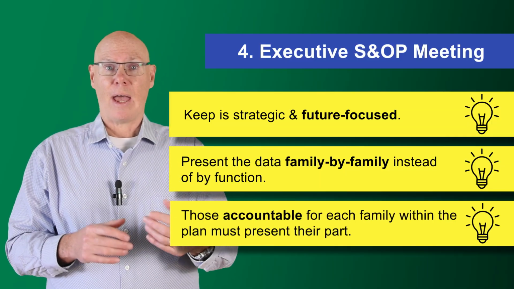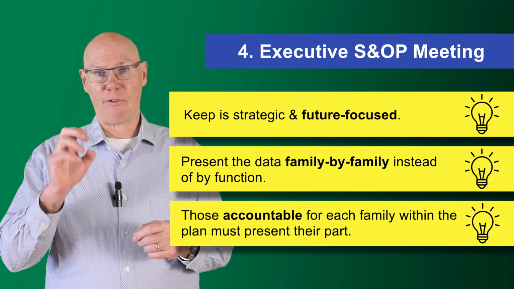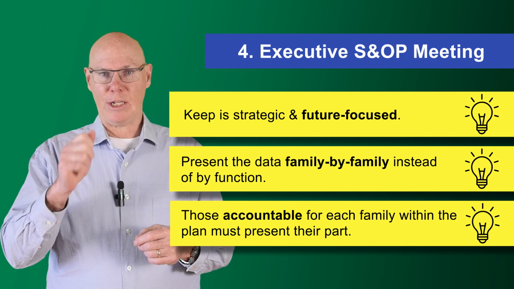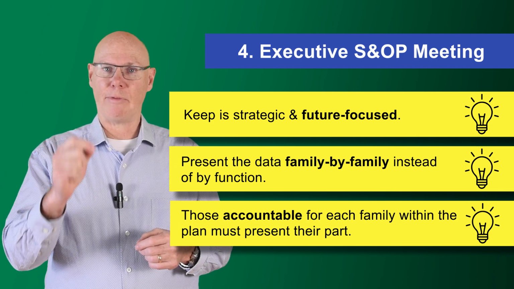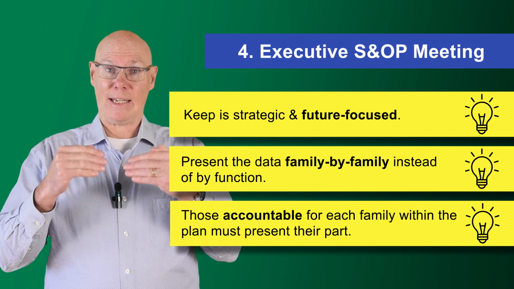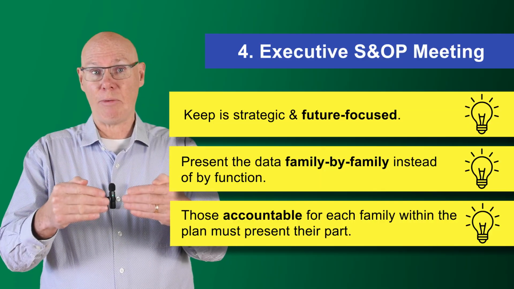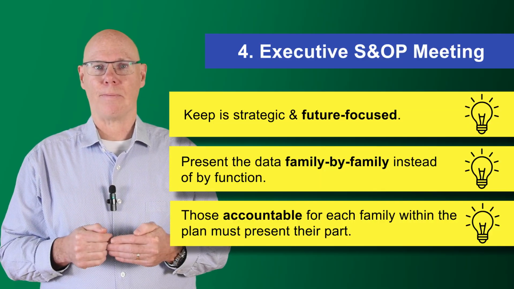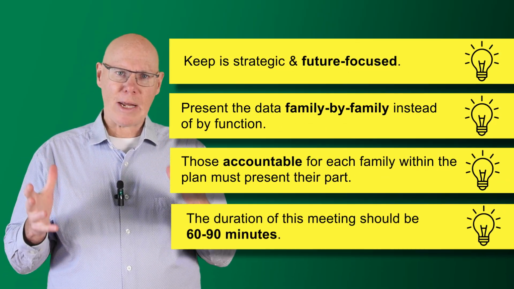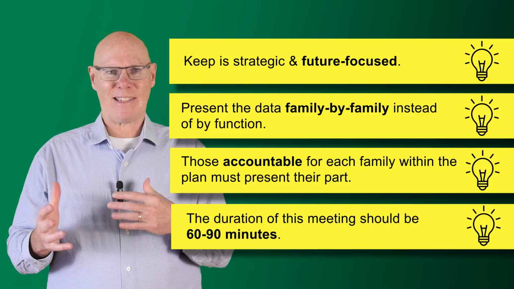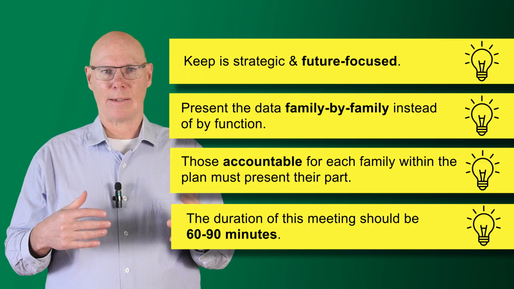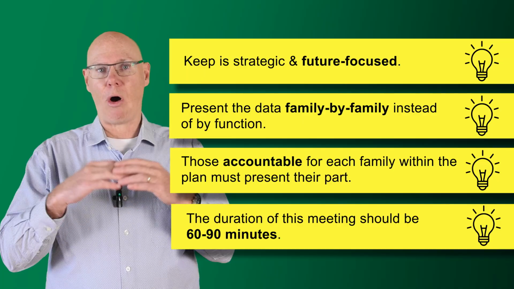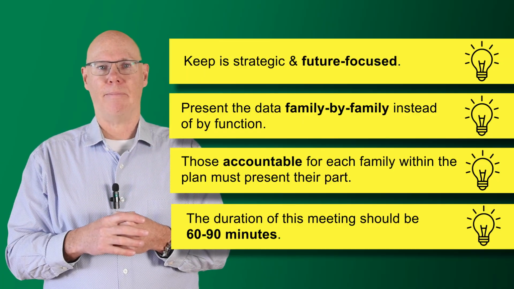Number 3, have those accountable for the different parts of the plan for each family present their part of the plan. This will drive engagement and entrench the accountability with the right roles. The duration for this meeting should be 60 to 90 minutes max. This means you need to move through all of the families within that time.